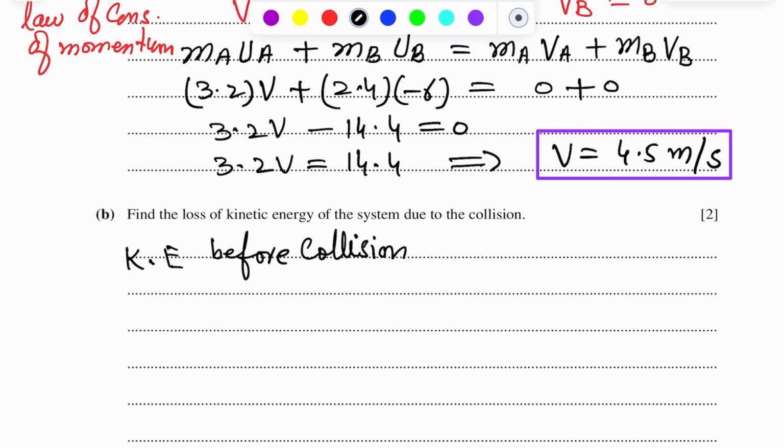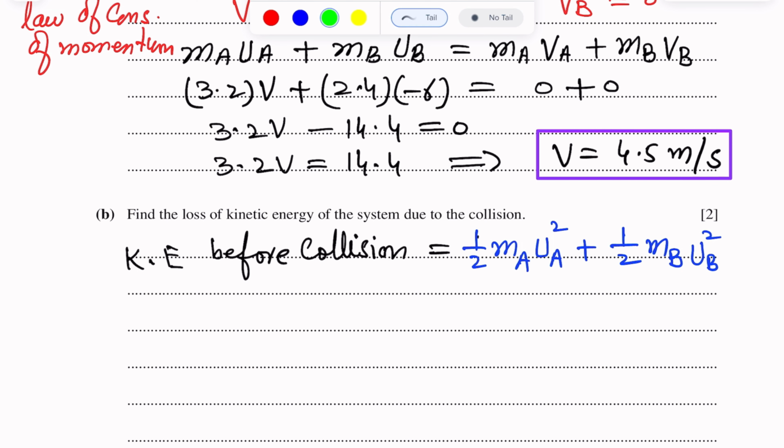That is 1/2 MA UA square plus 1/2 MB UB square.